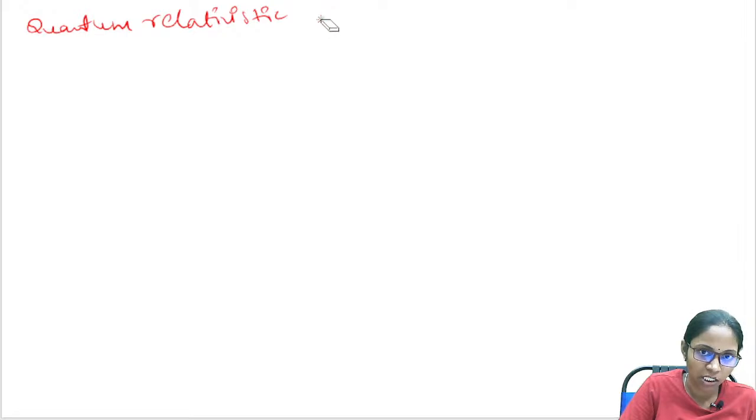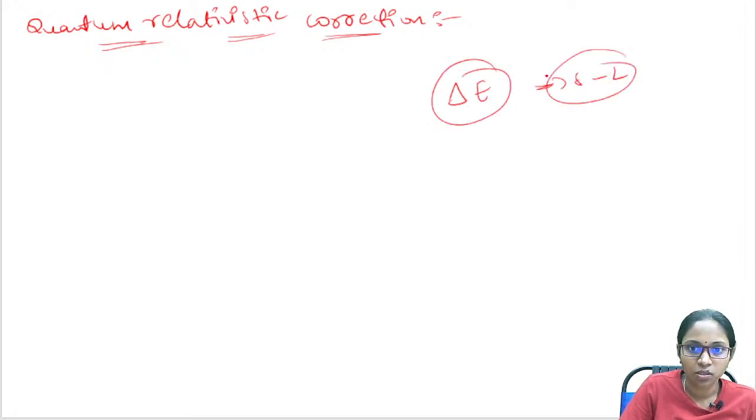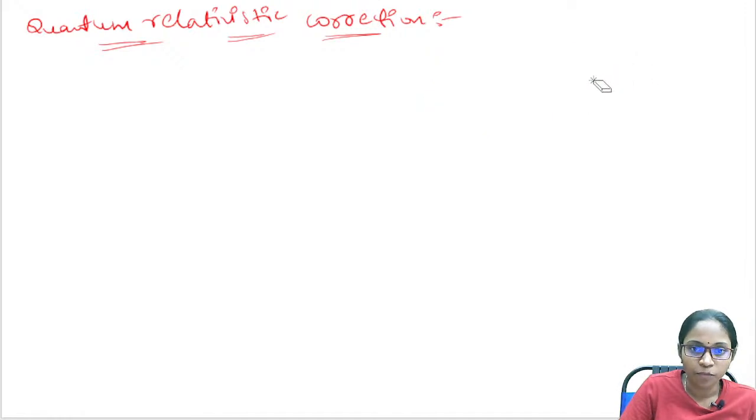Quantum mechanic relativistic correction. In our previous lecture we corrected the energy equation, as there is a change in energy because of spin orbit interaction. And here we are going to consider the quantum relativistic correction.